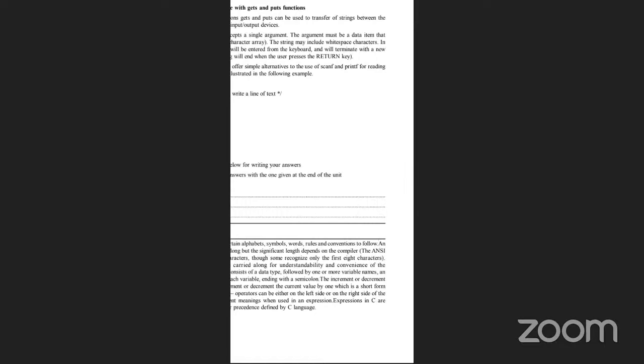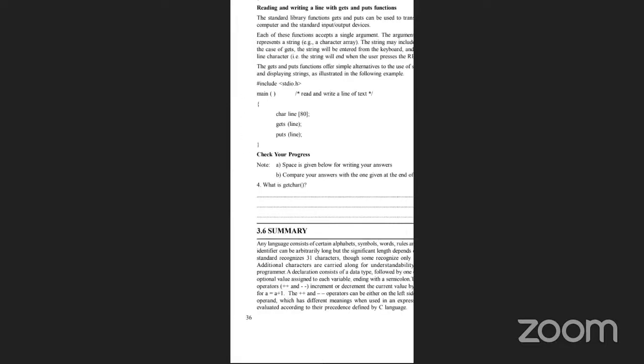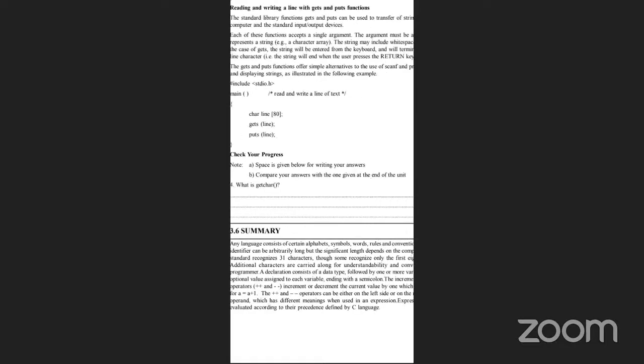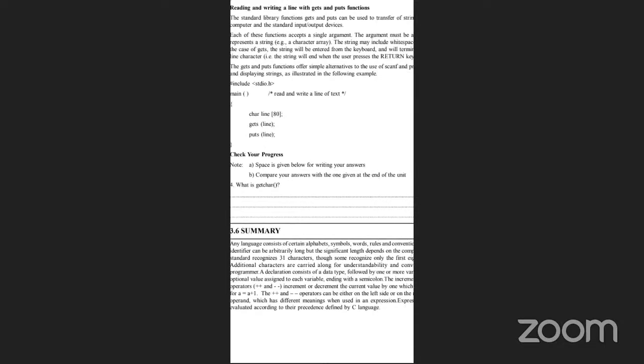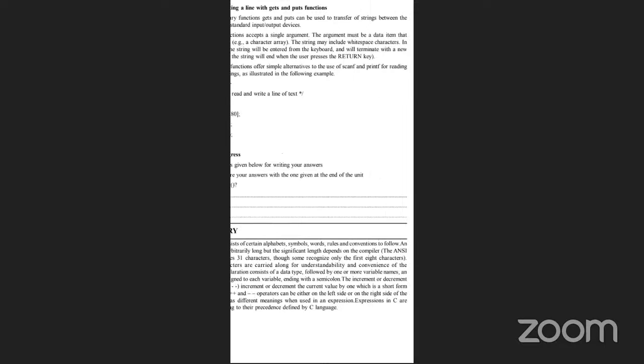The increment or decrement operators, plus plus and minus minus, increment or decrement the current value by 1, which is a short form for a equal to a plus 1, b equal to b plus 1. The plus plus and minus minus operators can be on the left side or right side.